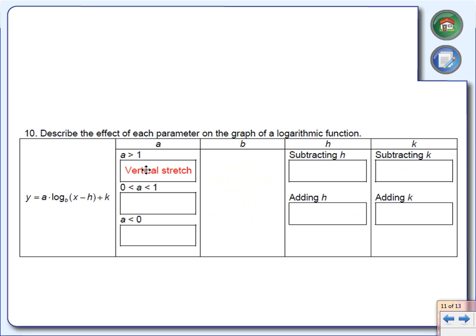What if the number is between 0 and 1? What's going to happen to the graph? We got it. If it's bigger than 1, we're going to stretch it. So if it's between 0 and 1, we're going to compress it. What kind of compress? Vertical. Vertical compression. What if that a is a negative number?